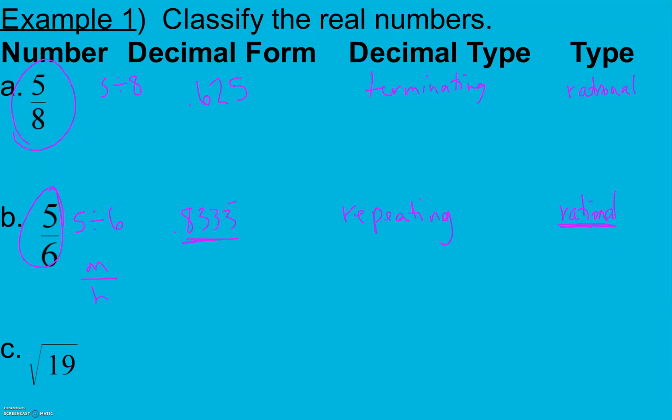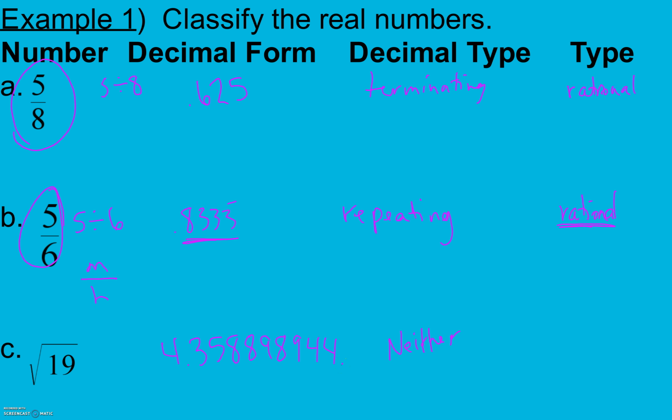The square root of 19, however, in decimal form, is 4.358889844. Our decimal type here is neither. It doesn't terminate, it doesn't repeat. And if you're looking at your calculator right now after taking the square root of 19, you're going to say, well, it stops after this 4. It doesn't.